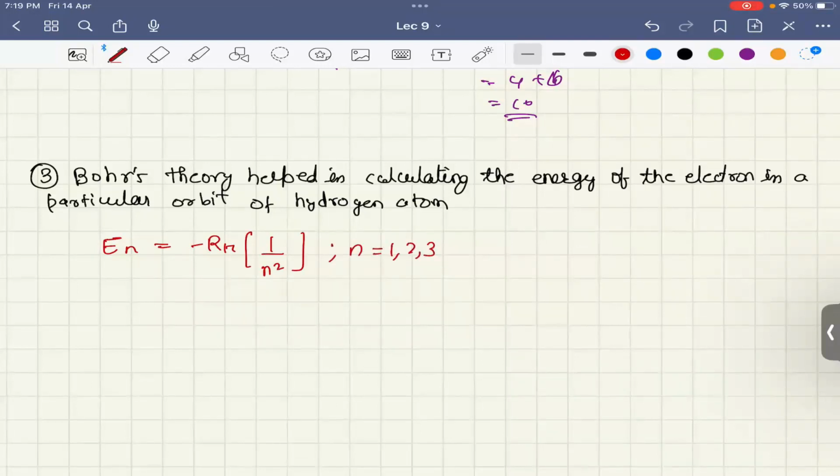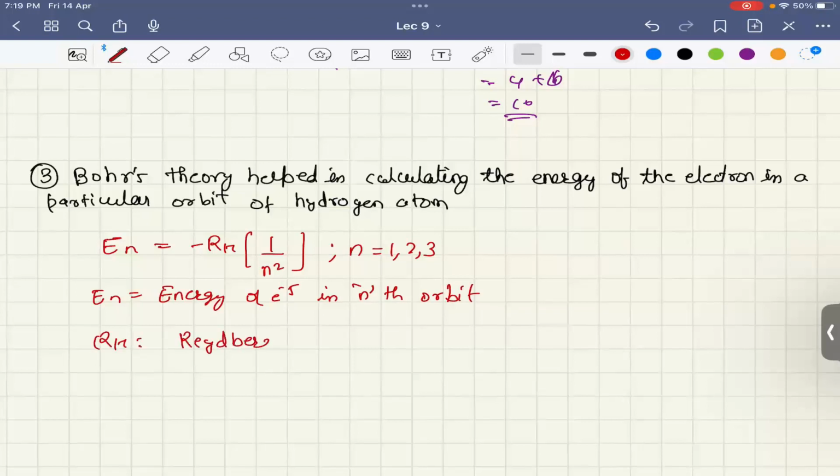Here En is the energy of the electron in the nth orbit, RH is a constant, and n is the energy level.